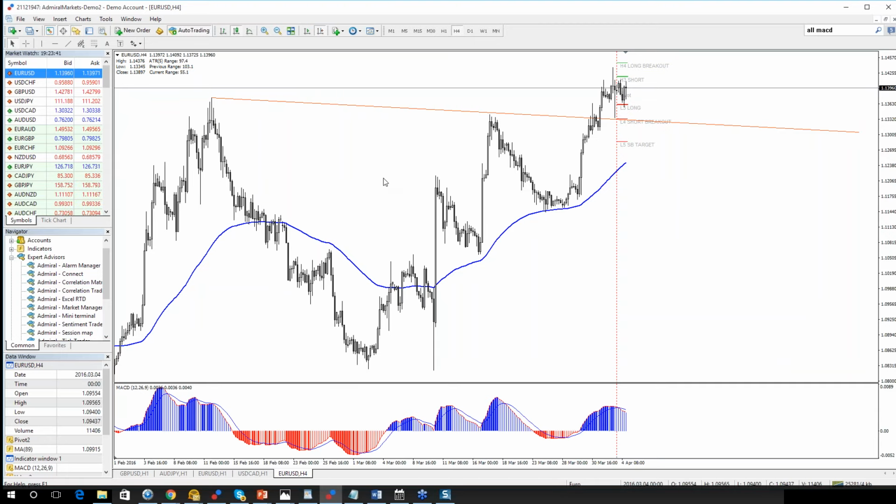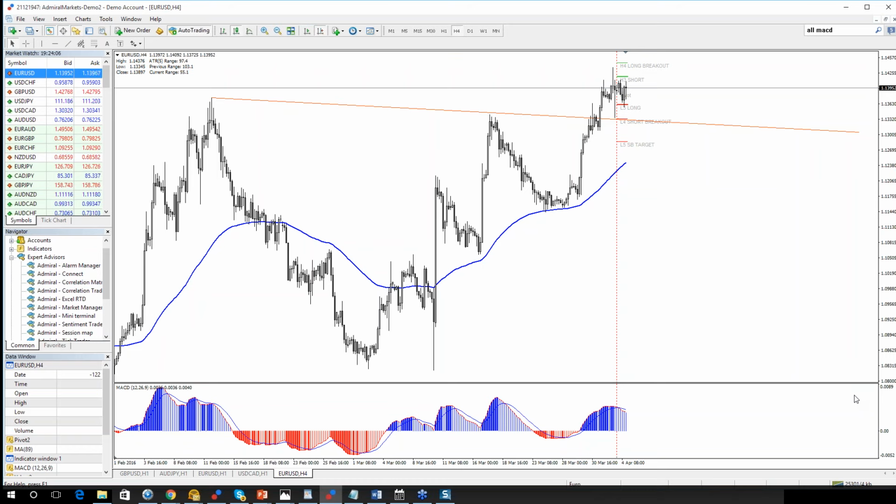You see, it's 97, so I expect another break of 1400. Maybe later, maybe now, but the price is going there. 1250 is a good level, but look at this. 1325, 35 is stronger.